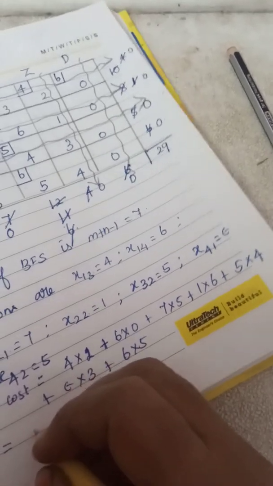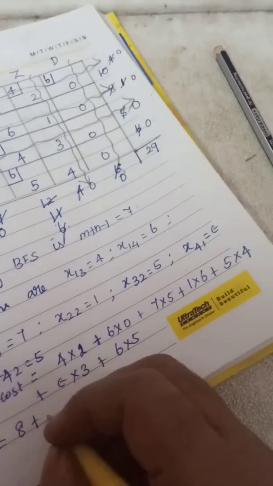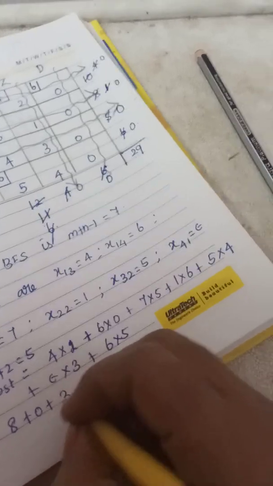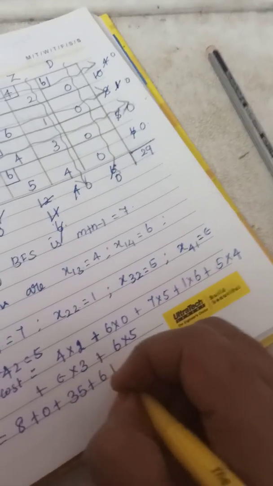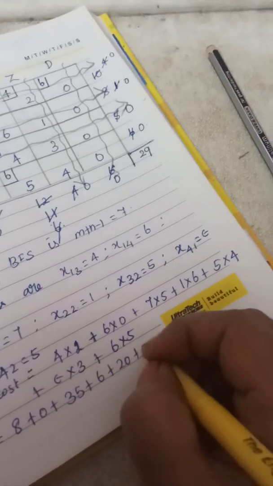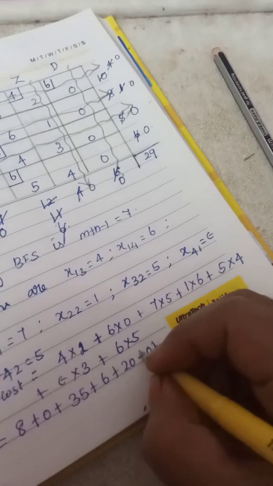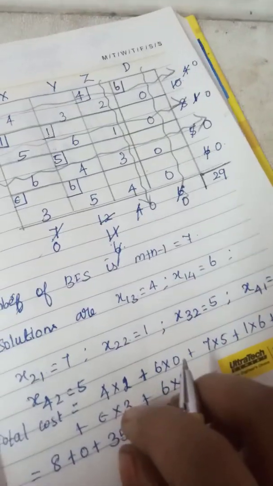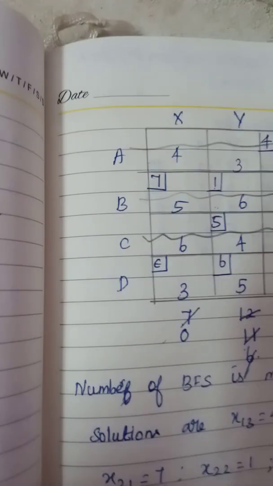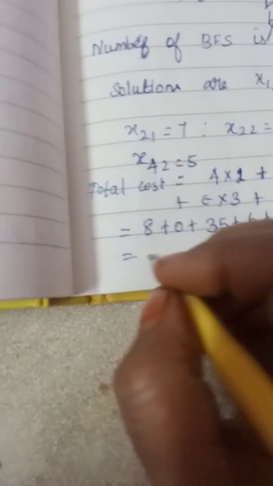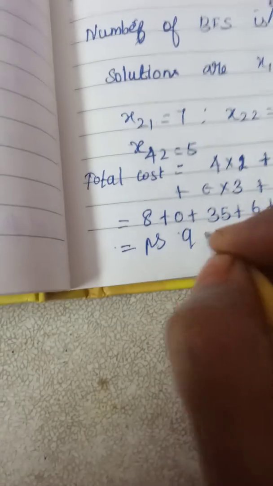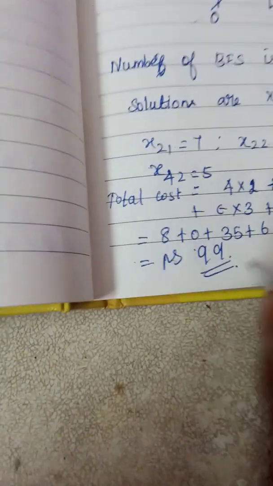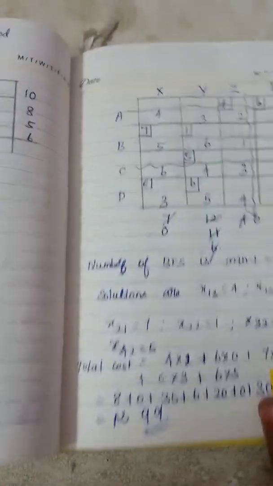So 4 into 2 is 8, plus 0, plus 35, plus 6, plus 20, plus 0, plus 30. So finally we get the answer: total cost rupees 99. We check the values. Okay, this is the row minima method.